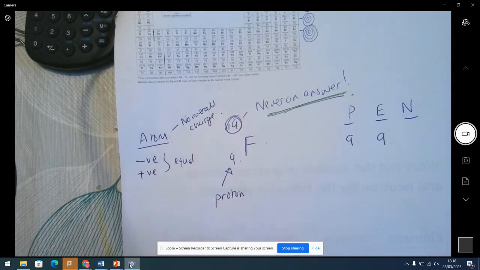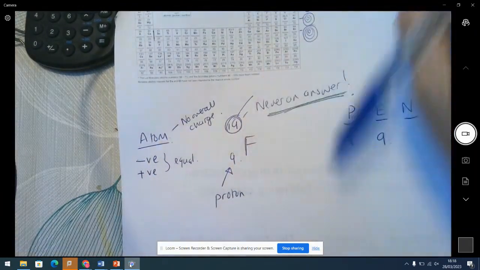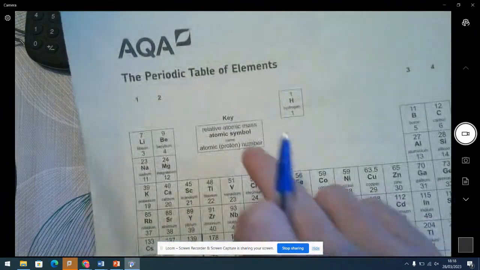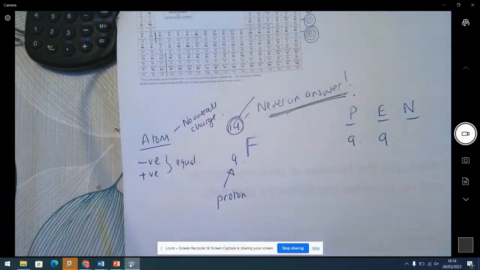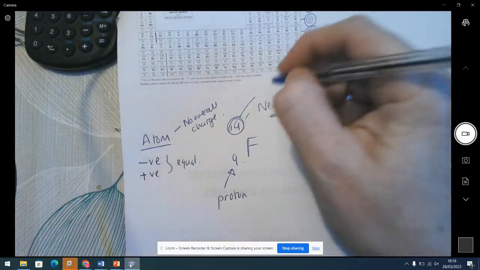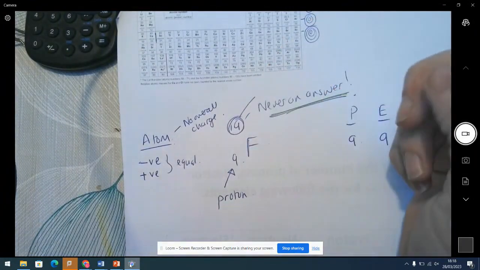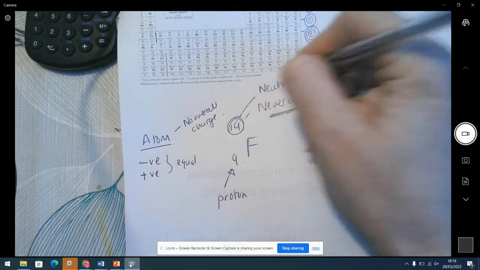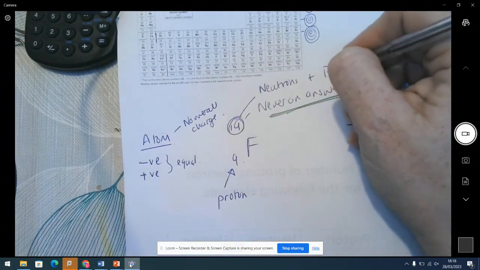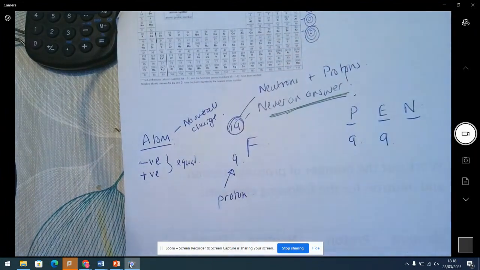The top number we know from the periodic table is called atomic mass. And we just said that the mass of the atom is the nucleus of the atom. So that is our neutrons added to our protons.